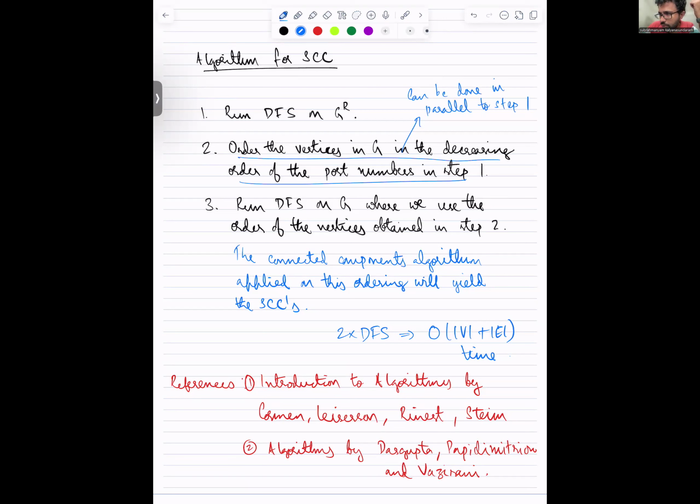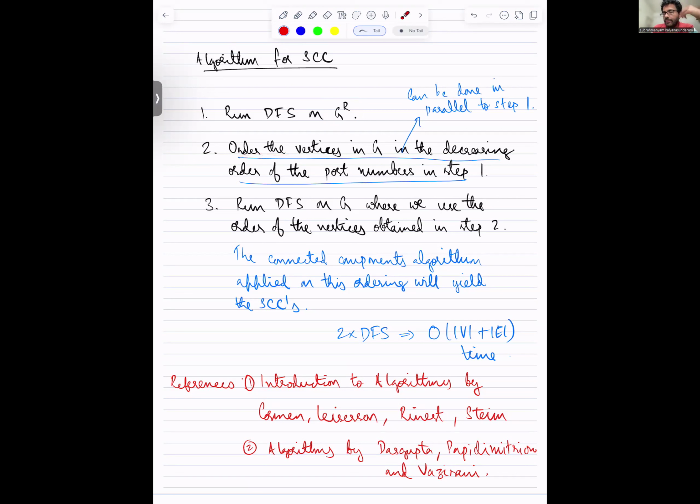So what we can do is you could fill up an array in the reverse direction. Whenever we complete the exploration at a certain vertex in step 1, we could create the ordering as per that.